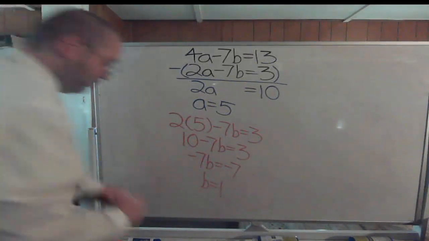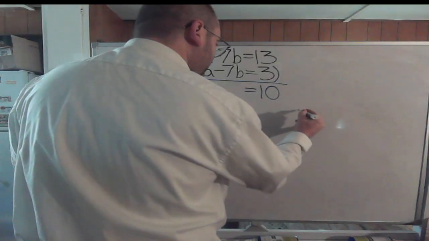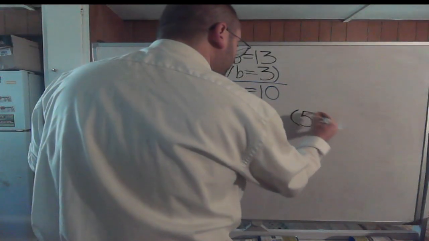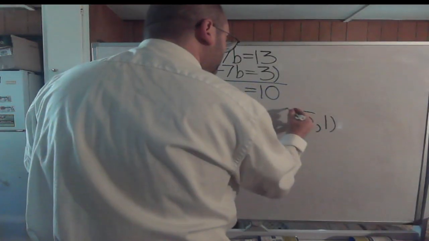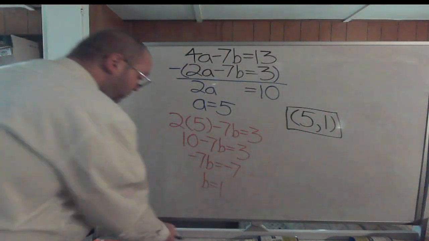So the b coordinate for the solution is 1. So your ordered pair you should get for the solution would be 5, 1.